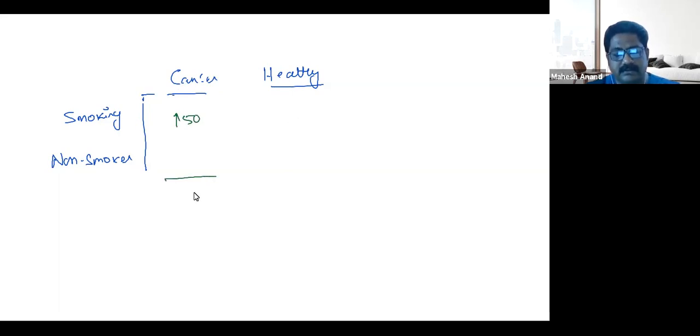So there are 200 cancer cases. Out of 200 cancer cases, 150 are smokers and 50 were non-smokers. Similarly, I have 1,300 healthy people, out of which I have a count like this: 500 smokers and 800 non-smokers.